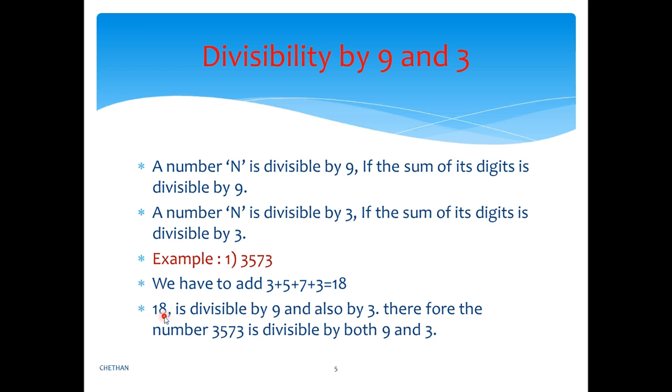See here, 18 is divisible by both 9 and 3. Therefore, the number 3573 is divisible by both 9 and 3. That means if the sum of the digits is divisible by 9 and 3, then that number is also divisible by 9 and 3. Do you understand that?